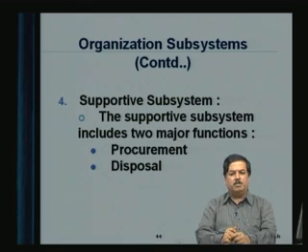So what really matters is how efficiently they are able to gather the raw materials and the speed with which they can supply and do the required servicing. So the supportive subsystem essentially performs these roles of procurement and also disposal.